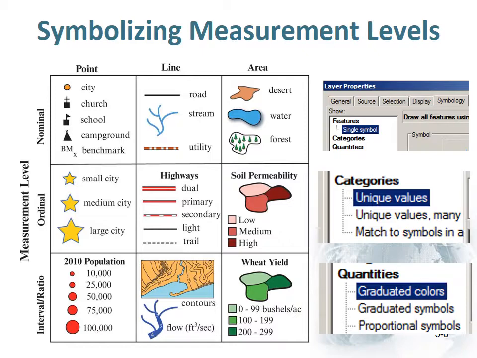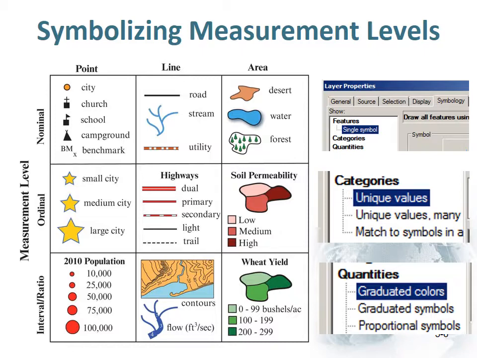Look at the nominal or categorical level, where each thing is an individual symbol representing an individual object or feature on the Earth's surface. And over on the right-hand side of the slide, we're seeing a screen capture from ArcMap showing us single symbols applied to these different types of features on the Earth's surface at the nominal categorical level.